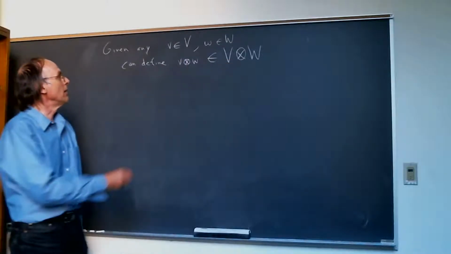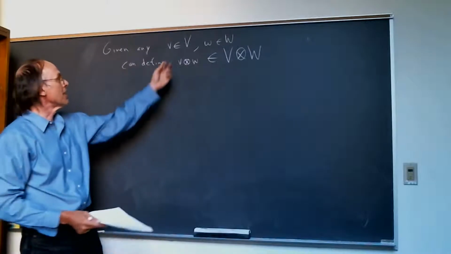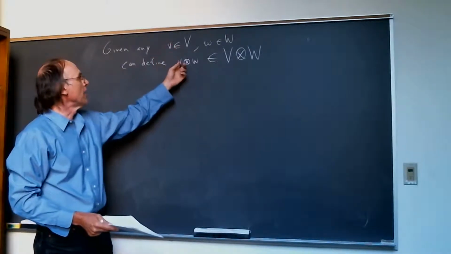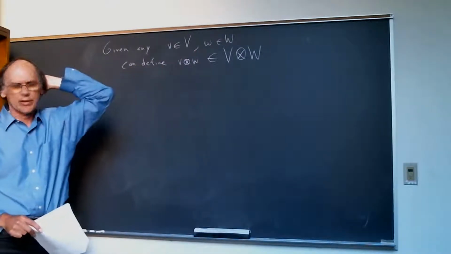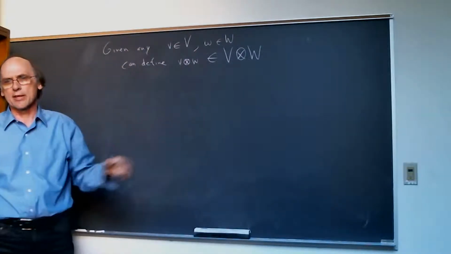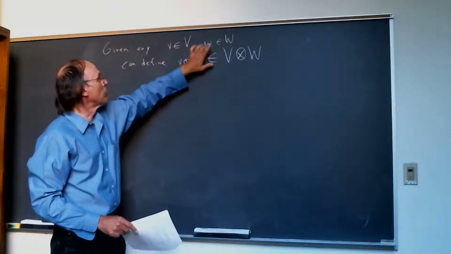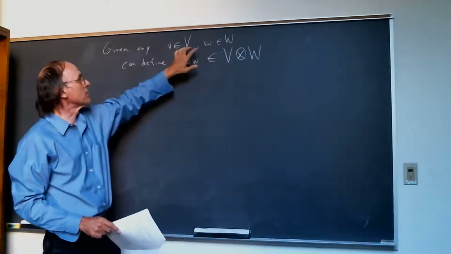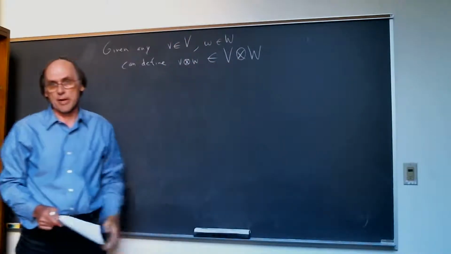So the other reason why this is interesting is that it gives you a product on vectors. Normally, in a vector space, you can just add things. You can't multiply them. Well, here you can multiply two things, but if you multiply two things, you don't end up in the same space. You end up in this product space.